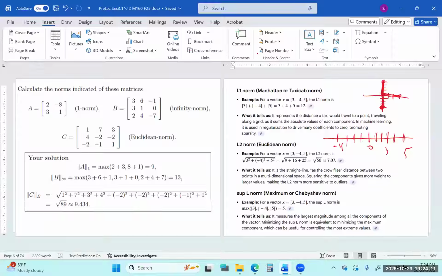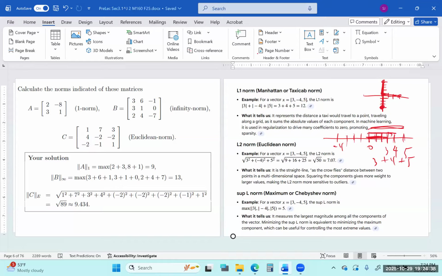Oh, the -4 is actually +4 because it's the absolute value. So from 0 to 3 is 3, 0 to 4 is 4, and from 0 to 5 is 5. So you're adding, oh, basically this is what you're doing. If you go from 0 one number at a time, how much are you crossing?